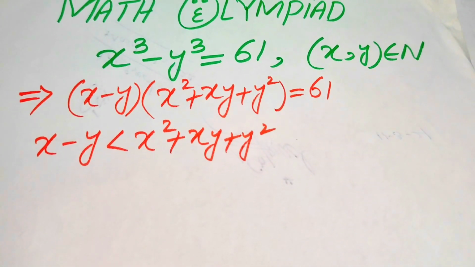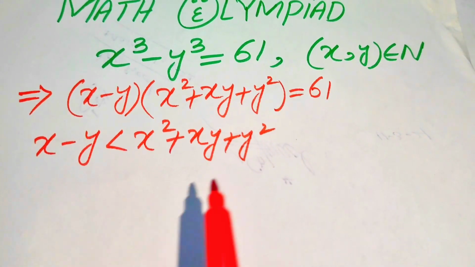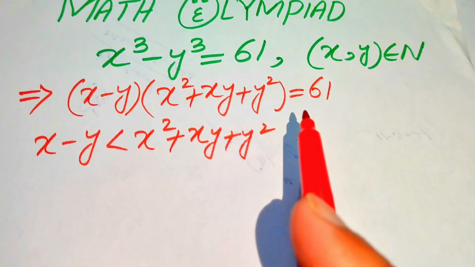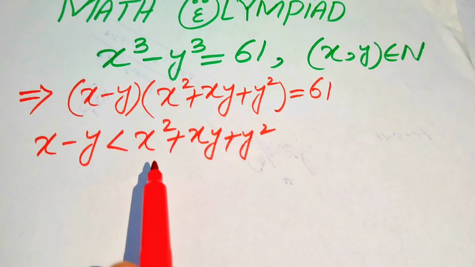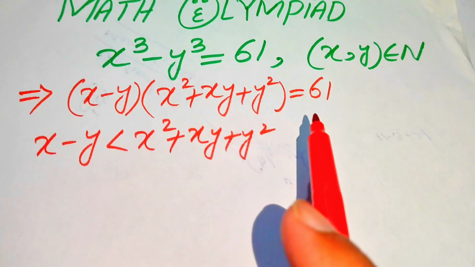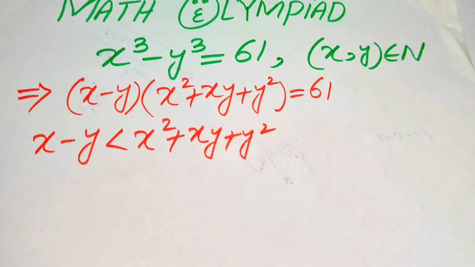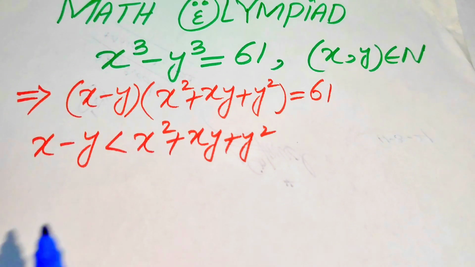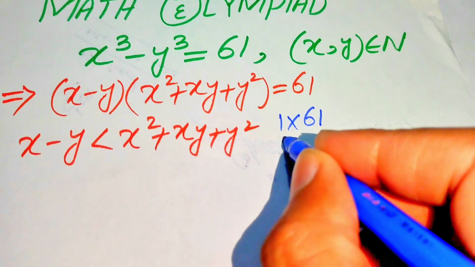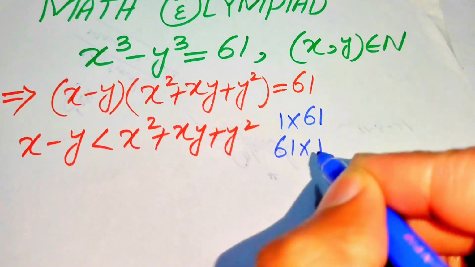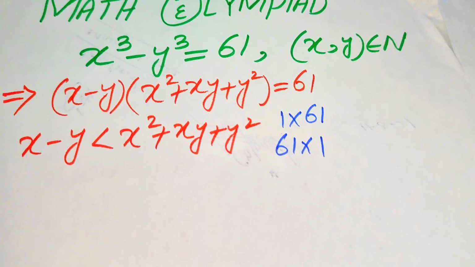So we need two numbers whose product is 61, and which satisfy this relation. Now we find the possibilities in which we get the number 61. They are 1 times 61 is 61, and 61 times 1 is also 61.